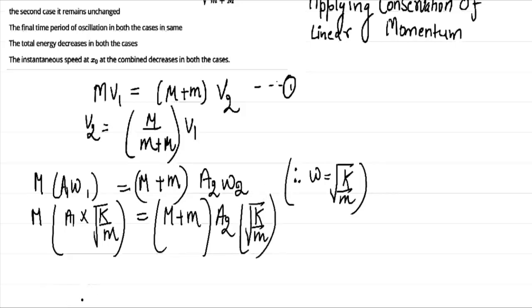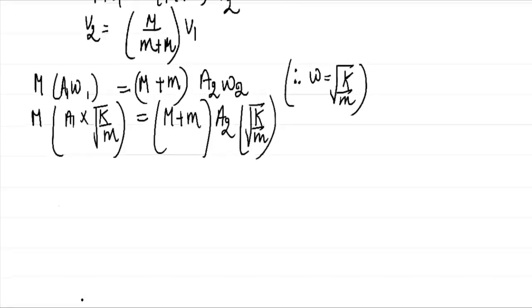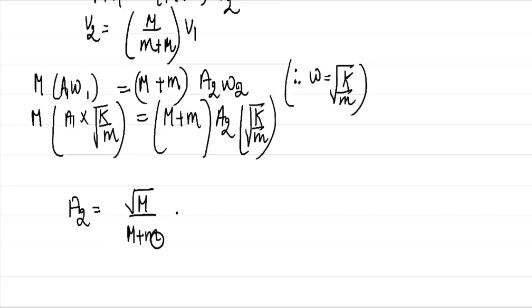So now what you will get? We will get the value of A2 here, that is under root M upon (M plus m) times A1.